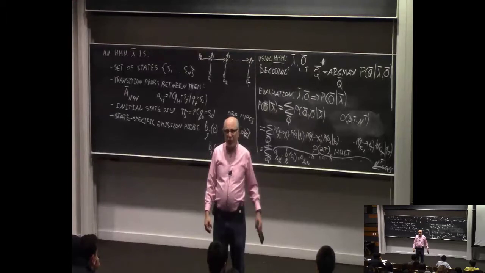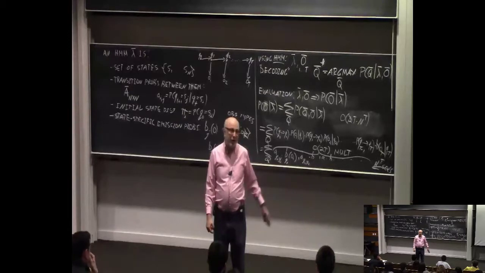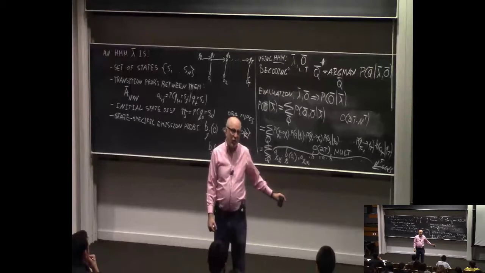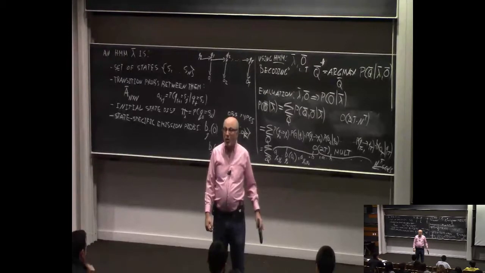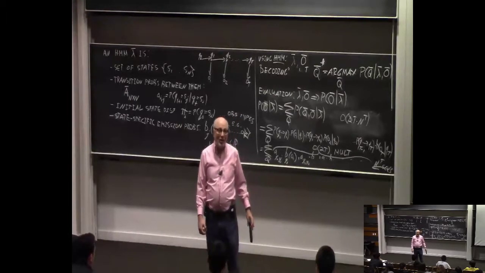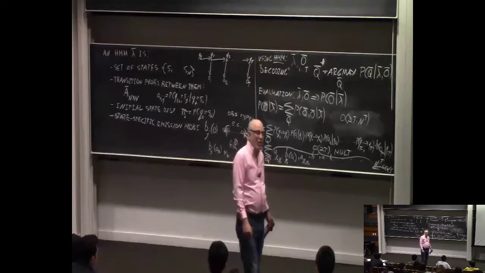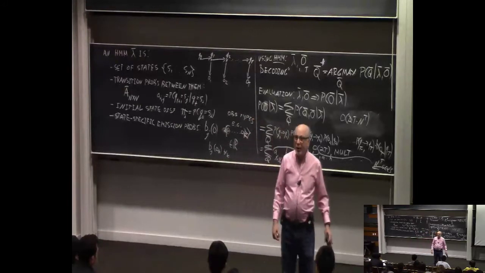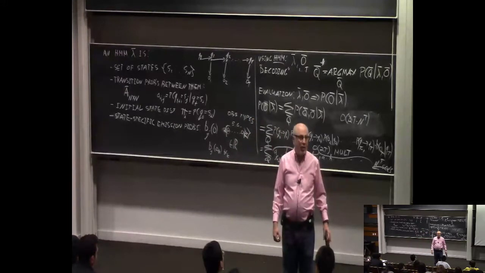But N to the T doesn't work. However, we have a way of deriving the correct answer with only a polynomial amount of computation, rather than an exponential amount of computation. This is not an approximation, it's an exact calculation, and it relies on the Markov property. How many of you are familiar with the kind of algorithm called dynamic programming?